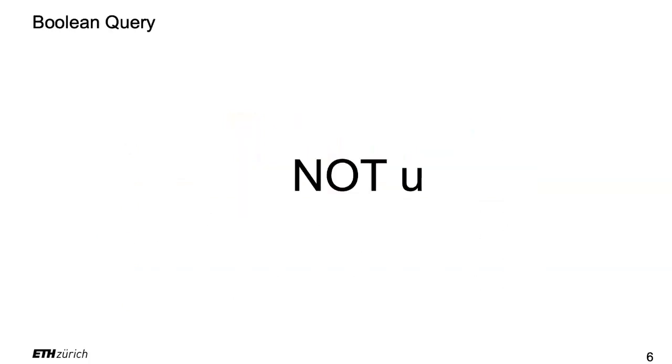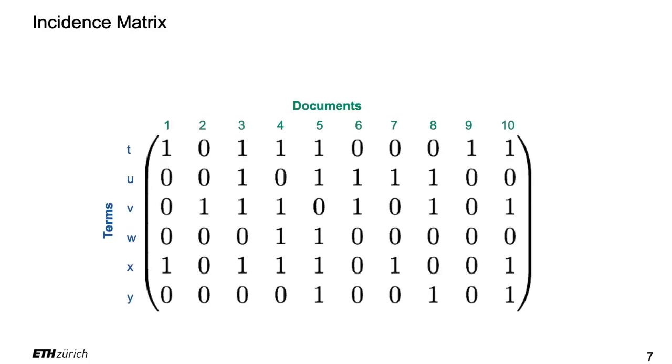What about this? Who is able, with the incidence matrix, to answer this query? I want all hands raised here, right? So you agree you're looking for the zeros now, right? You just look up the term as well. Then you look for the zeros, and then you have the documents that do not contain the term.